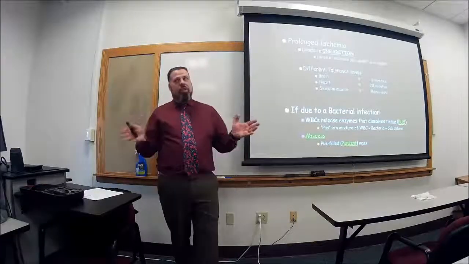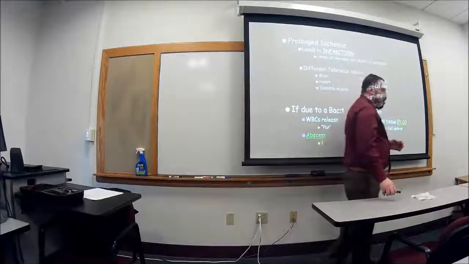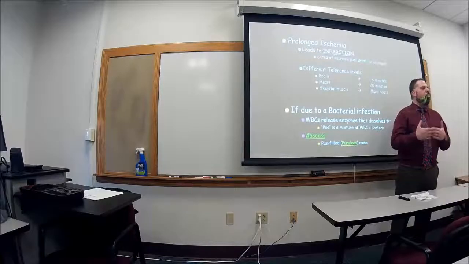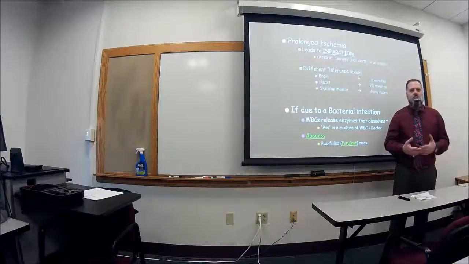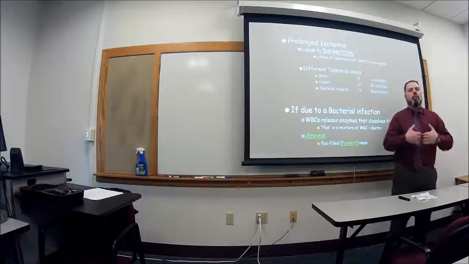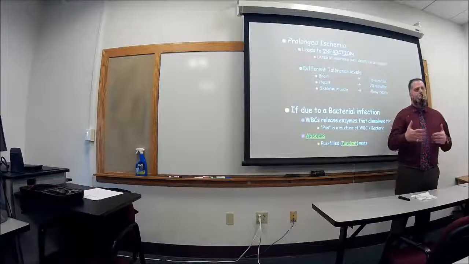All right, and I think all of you know what pus is, right? If there's a lot, sometimes we refer to pus as a purulent exudate. Exudate is a fancy word for substances that leave the cell, that exit the cell. So when you have all this, we call it purulent.